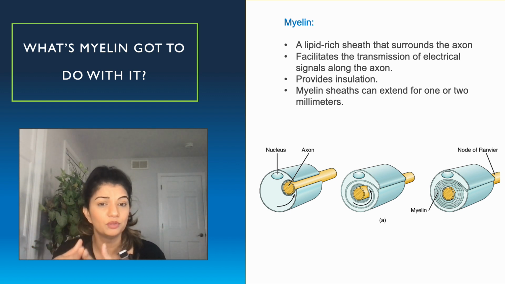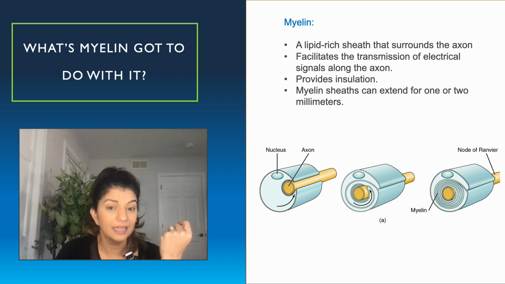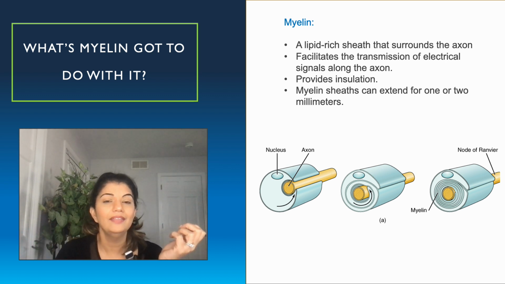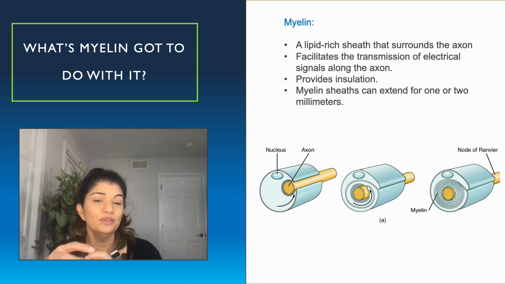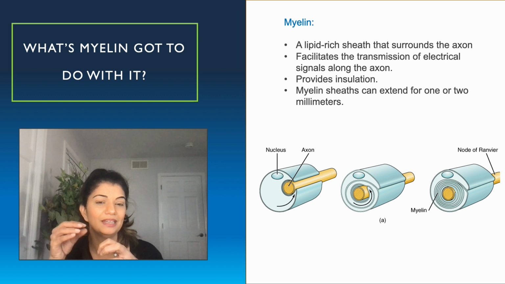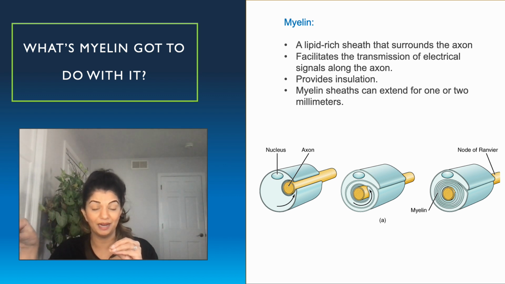And they're actually formed, as you know, by glial cells: Schwann cells in the peripheral nervous system, and in the central nervous system, oligodendrocytes do the same thing. They both wrap myelin around axons in segments. They do this to insulate, but they also create tiny gaps between these segments, right?